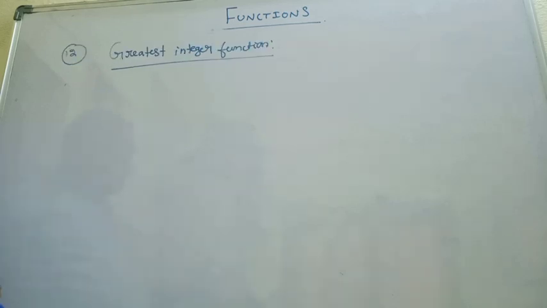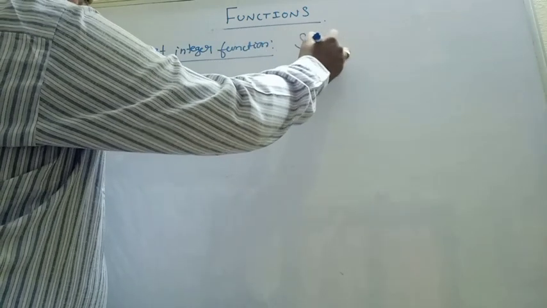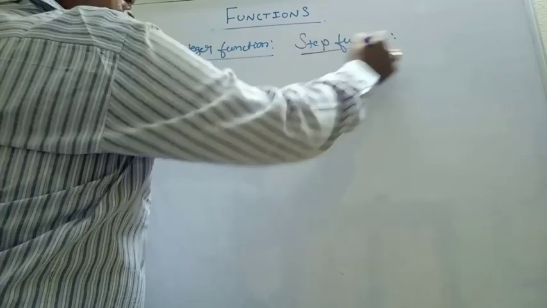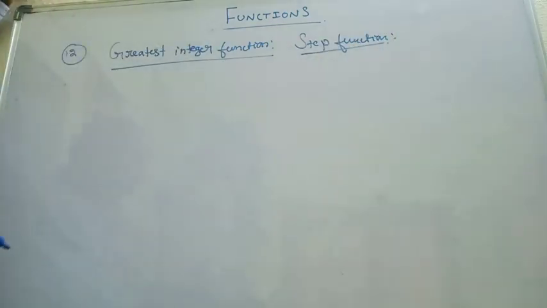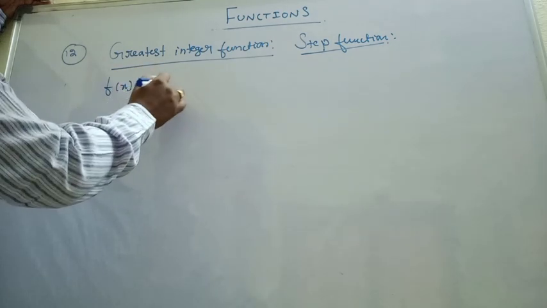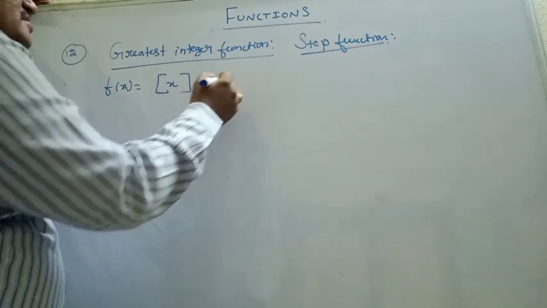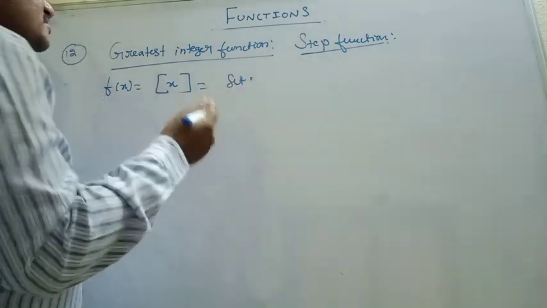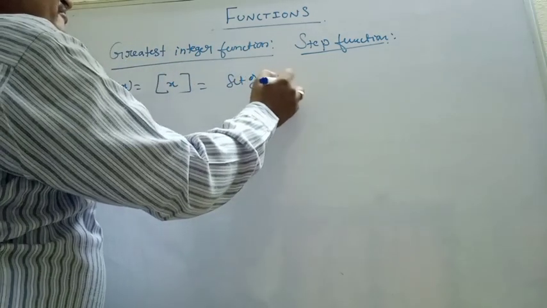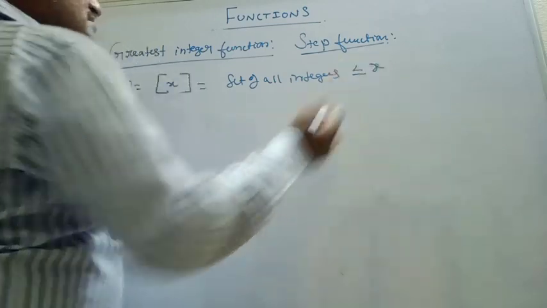Now we have an interesting function called the greatest integer function, or step function, my dear students. How is this greatest integer function or step function defined? It is defined as f(x) equal to this symbol. The definition is: take the set of all integers lesser than or equal to x, and the greatest among them.